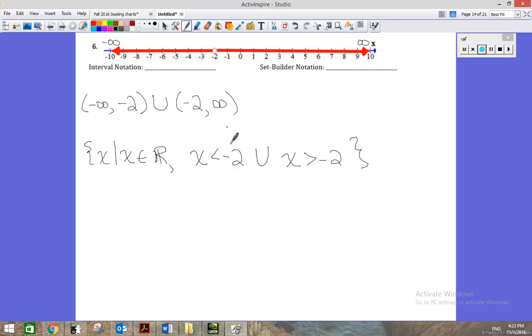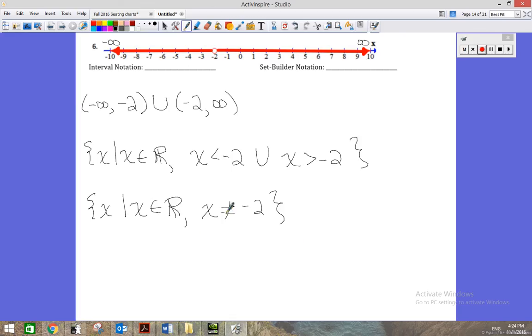So look at the picture. This is saying, you're either smaller than -2 or you're bigger than -2. Pick any number you want that's smaller than -2 or bigger than -2. Now, in set builder notation, you'll also see people write that x is an element of the set of real numbers, and rather than writing it like this, they'll just say it's all real numbers except that x can't equal -2.